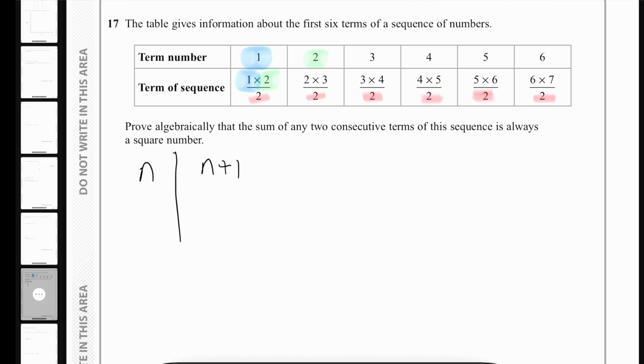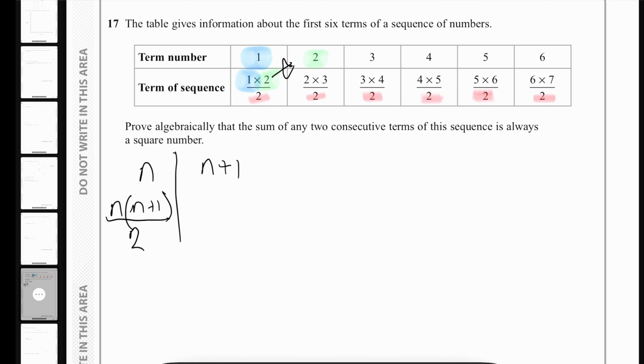So that divide by 2 is constant, it doesn't change, but my first number is always the number that I am in line with, so my n. So I can write that down, which is n, and it's always being multiplied by n plus 1. And then it's being divided by my 2.